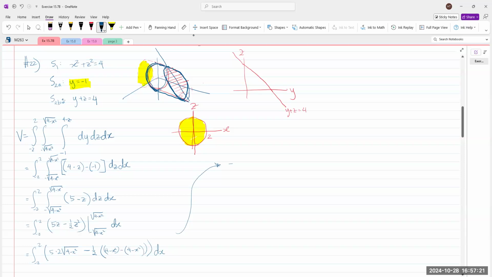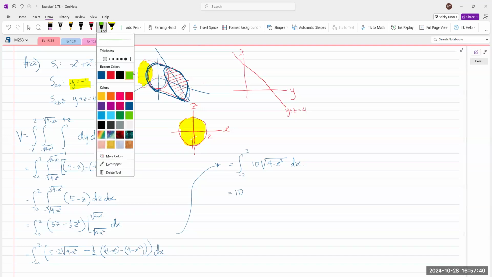Okay, so we now get the integral from -2 to 2 of 10 √(4 minus x squared) dx. This equals 10 times, and I want you to think a little bit.